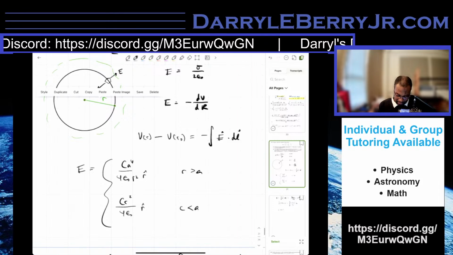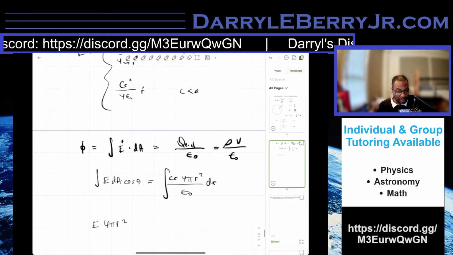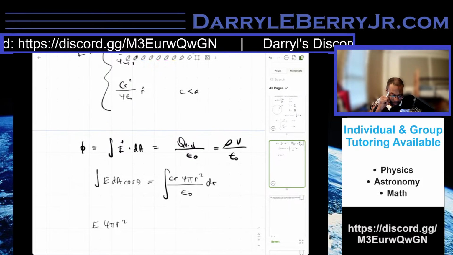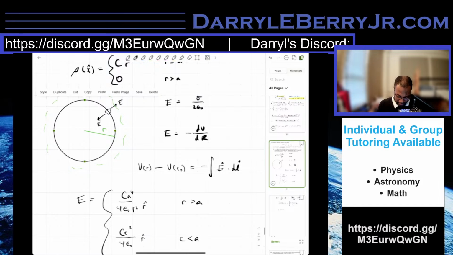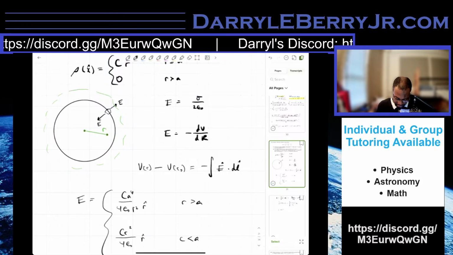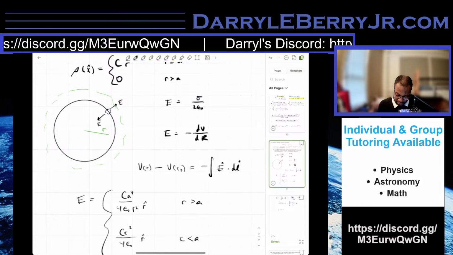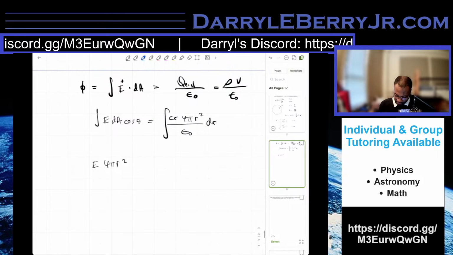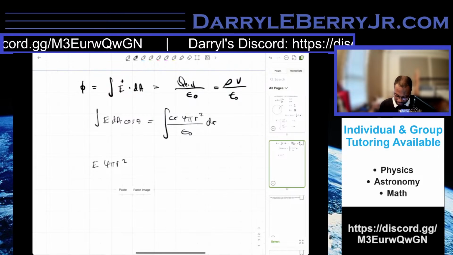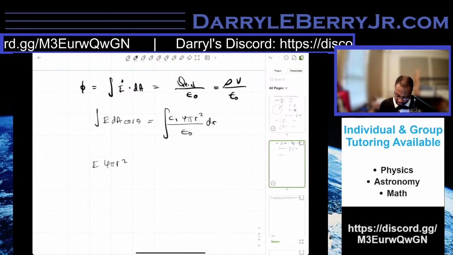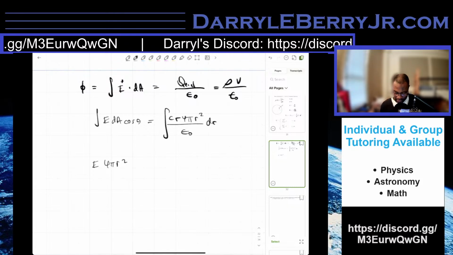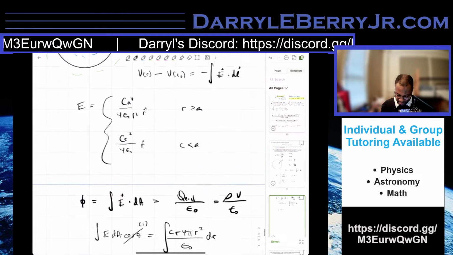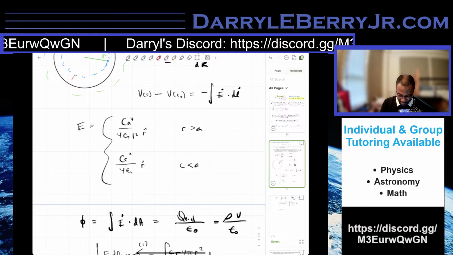We'll assume we go within, we'll just say this r is less than big R, and the Gaussian surface is here. So that means that the r for the charge and the r for the Gaussian surface will be the same. So I guess that's 4 pi r squared. The angle will still be 0 since the normal is still perpendicular at every single point.